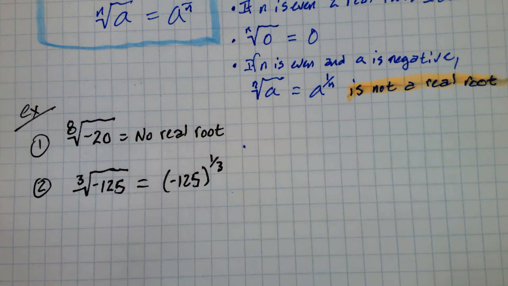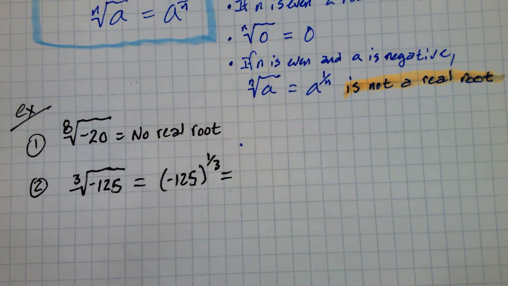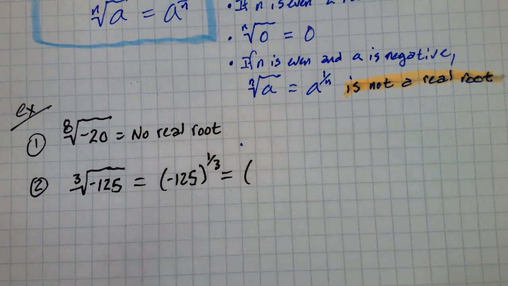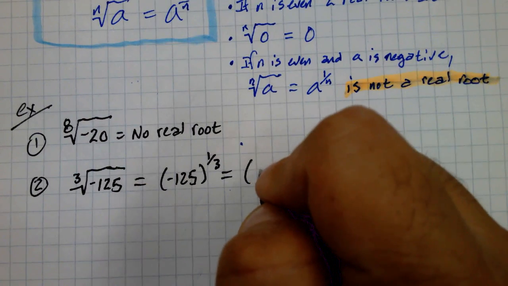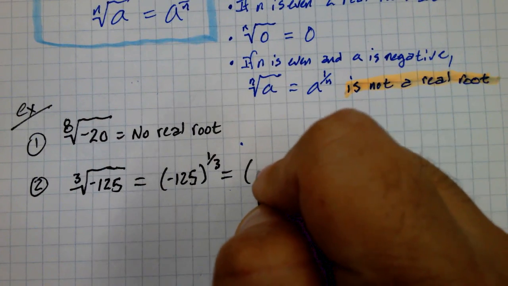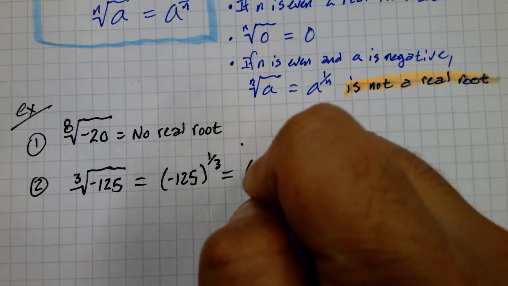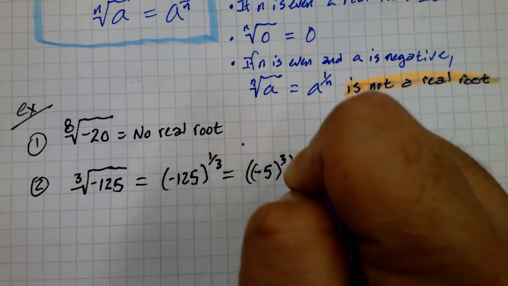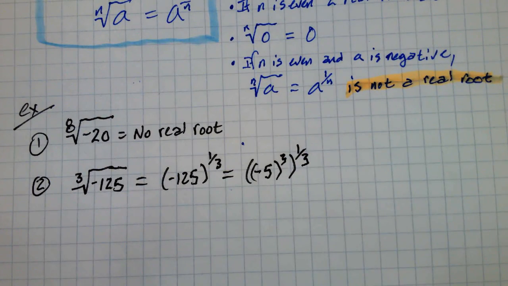I could write it that way. And isn't negative 125 basically negative 5 to the 3rd, and all of that to the 1/3, right?